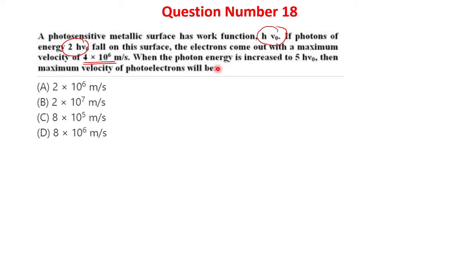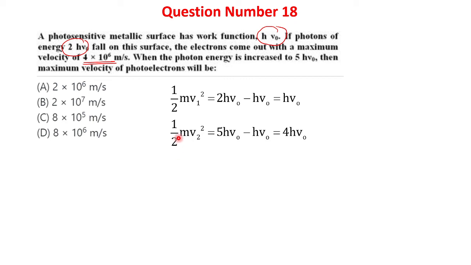So use the formula for kinetic energy: half mv square equals energy of photon minus work function. When energy was 2 h nu naught, kinetic energy was half m v1 square. When photon energy is increased to 5 h nu naught, then kinetic energy becomes half m v2 square.